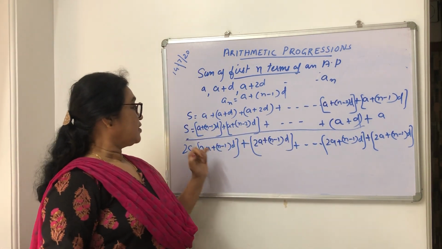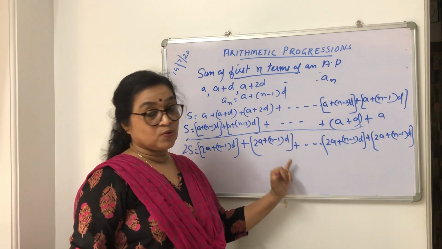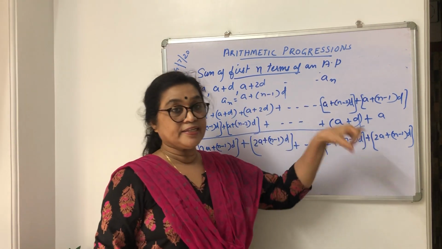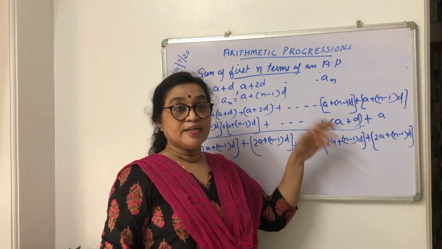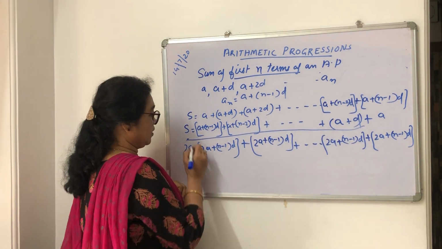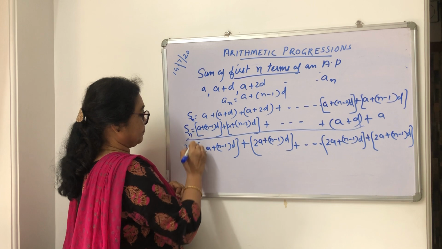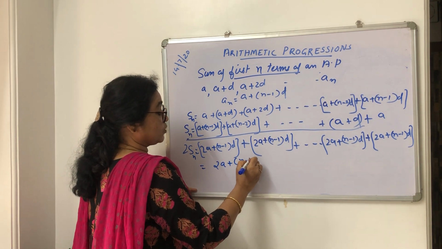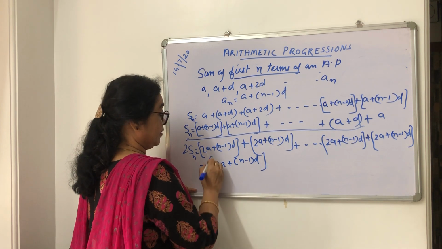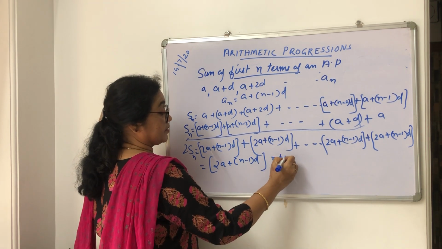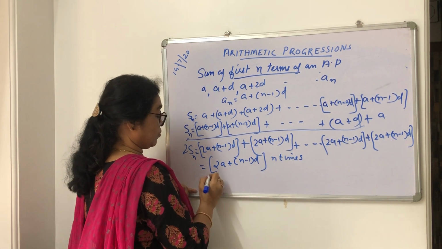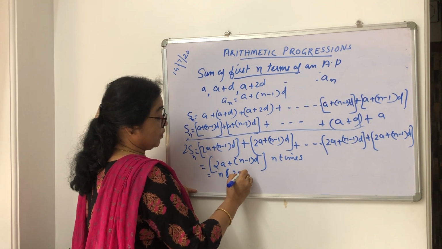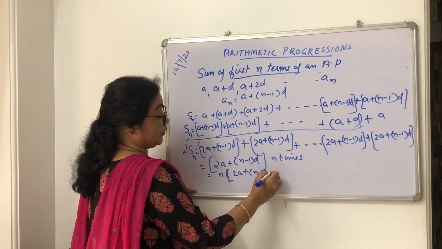So here, the sum of n terms. This one is repeating how many times? This one is repeating n times. There are n terms, so it repeats n times. So this is 2Sn. It is 2a plus n minus 1 into d, n times, so it is n into (2a plus n minus 1 into d).